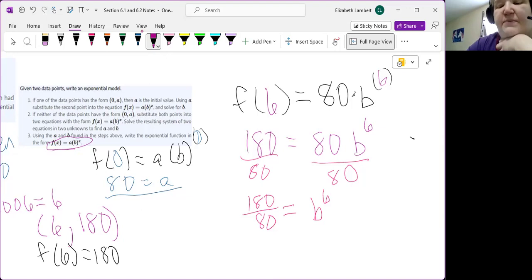Because I want this to be B equals down here, and if there's no power, it's an invisible 1. So I want to figure out what power I have to put here so it'll equal a 1. So 6 times 1/6, and whatever I do on one side, I do on the other. So we're multiplying the powers, but we're really raising it to that 1/6 exponent.